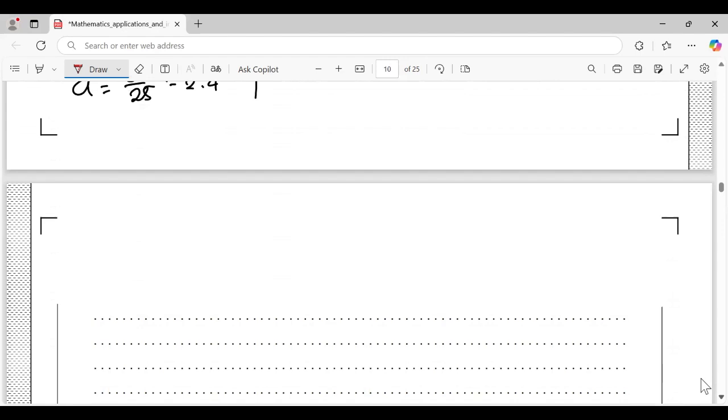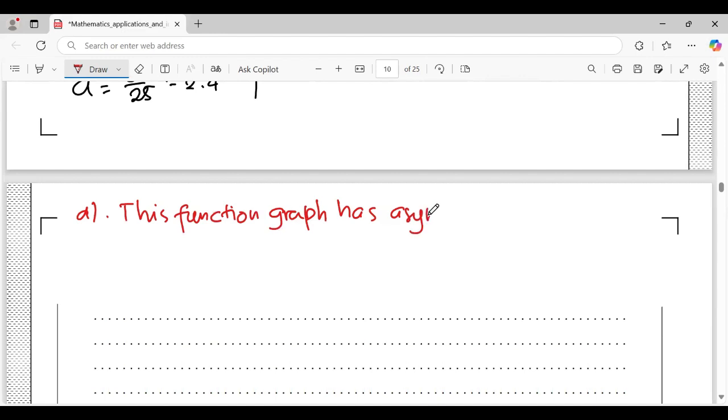Why? Because of part D, this function graph actually has an asymptote at P equals 100. Why is P equals 100 the asymptote?